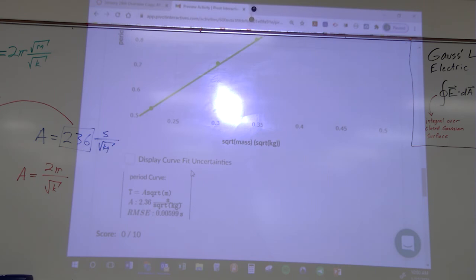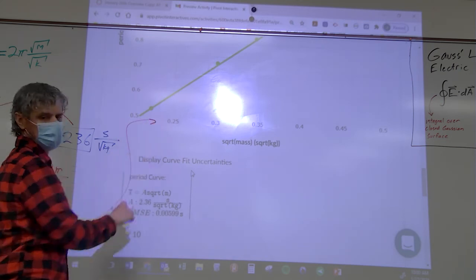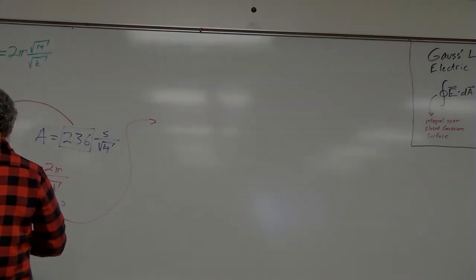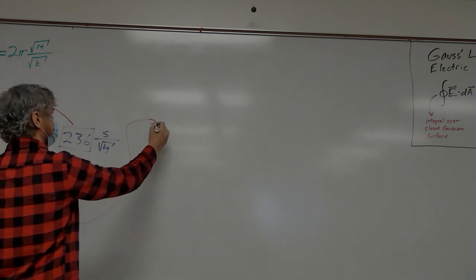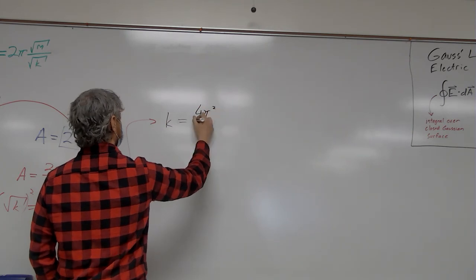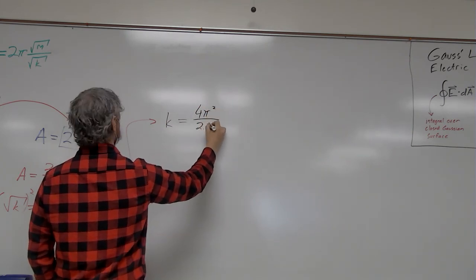You all see that? So if I solve this for k, multiply both sides by the square root of k, divide both sides by a, I get the square root of k is 2 pi divided by a. Square both sides. K, the spring constant, would be 4 pi squared divided by 2.36 squared.